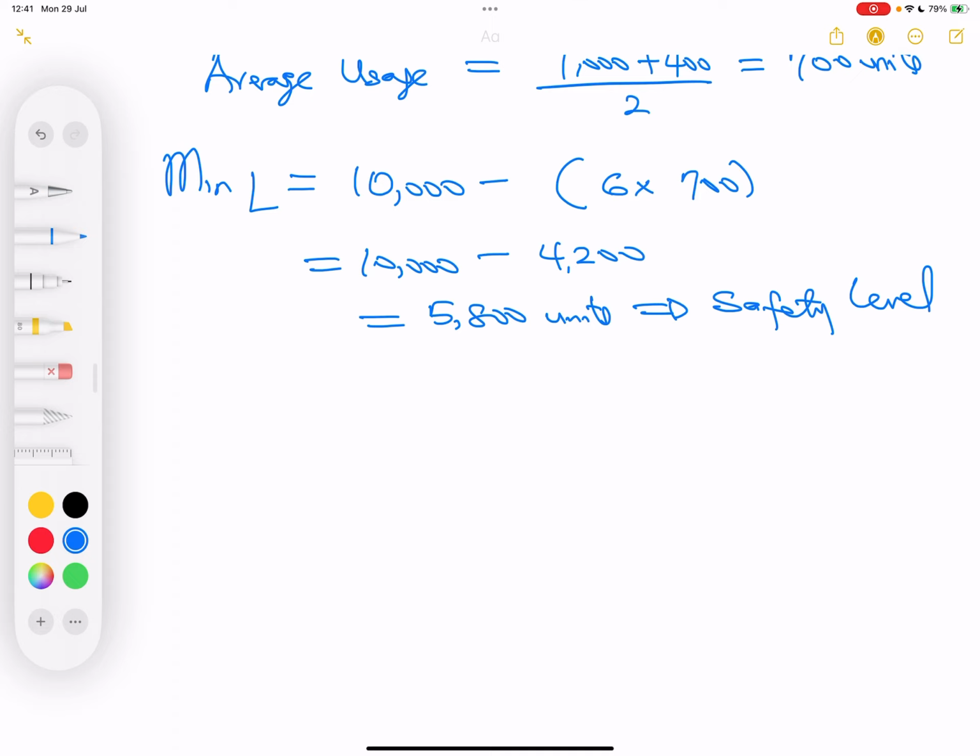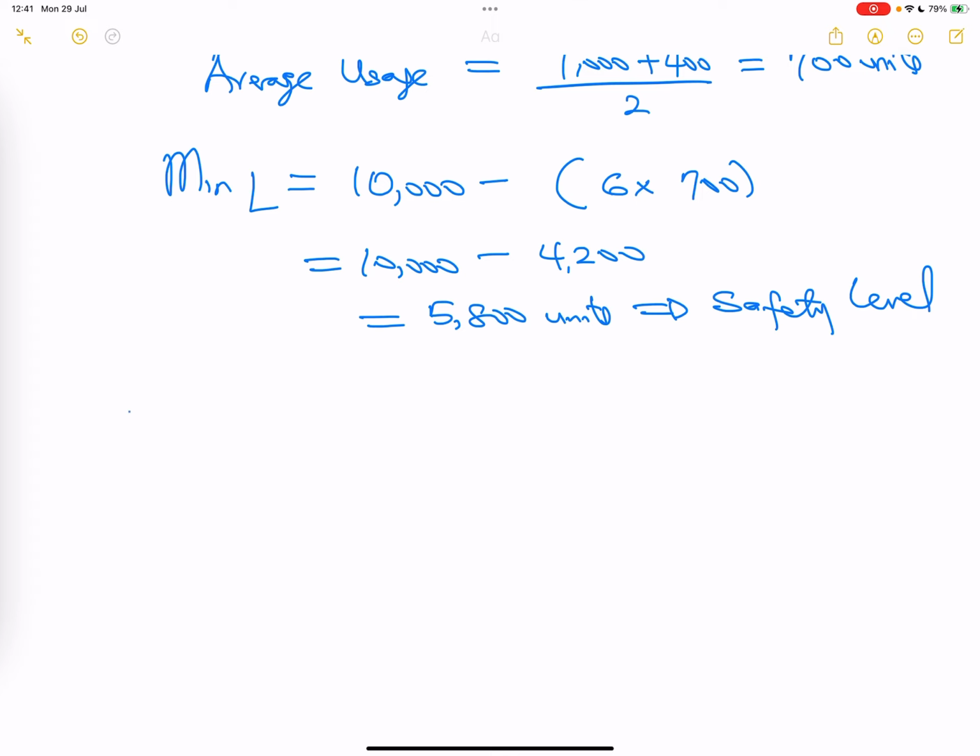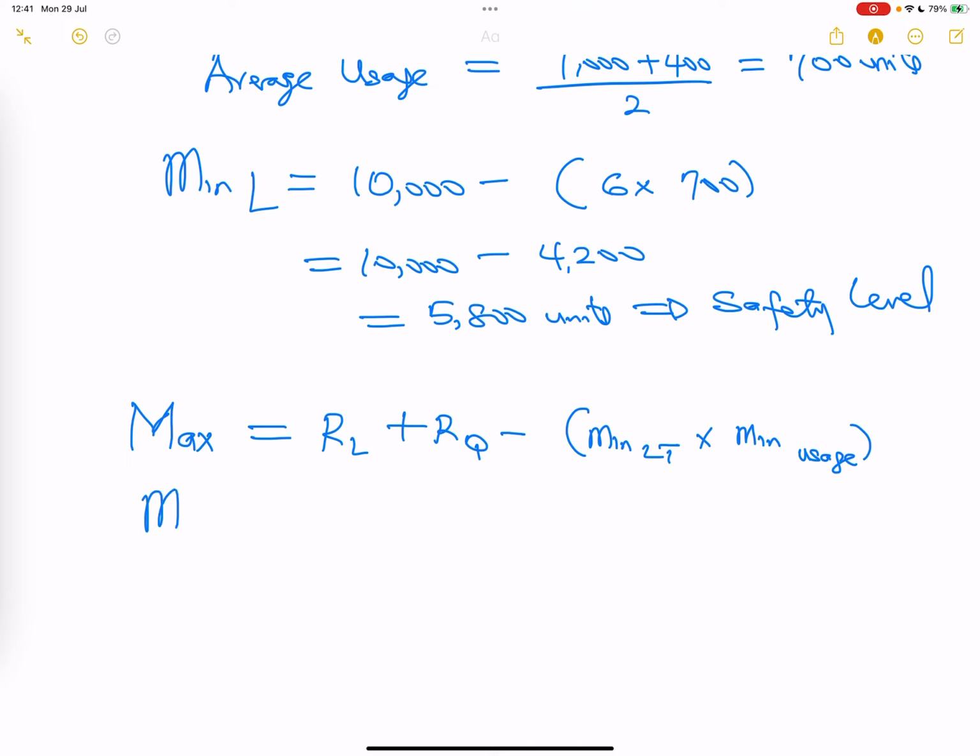So just to summarize it for you, the formulas that we have dealt with, we've talked about the maximum level. I said the maximum level is equals to reorder level plus reorder quantity minus the minimum lead time multiplied by minimum usage. Then the minimum level is equals to your reorder level minus, because that has to be lower than reorder level, average lead time multiplied by average usage.